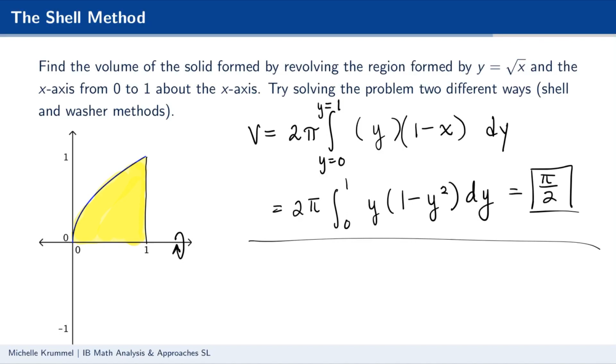Okay, so if I'm doing disk method, I draw my rectangle perpendicular to my axis of rotation, making this a dx problem. And often dx problems are simpler to do than dy problems. Not always, but usually. So we have pi, and then we just need radius squared. The radius being this distance right here.